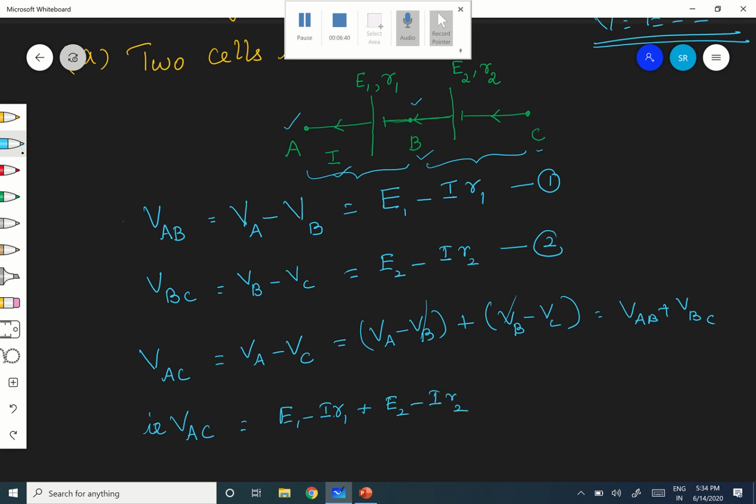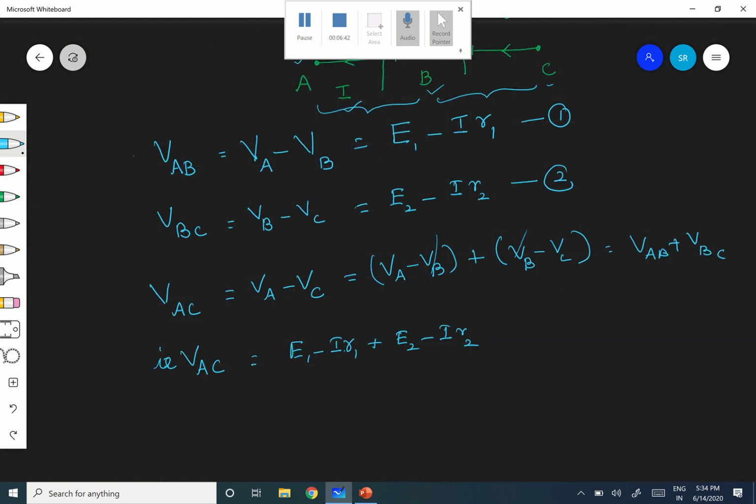Fine. Therefore, I can write E1 plus E2 minus, if I take I outside, R1 plus R2. Therefore, this is equation number 3.